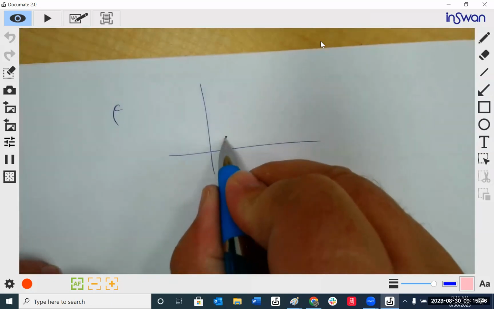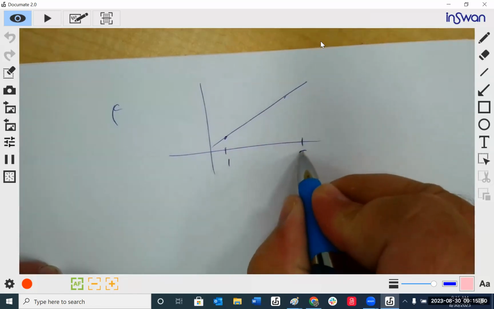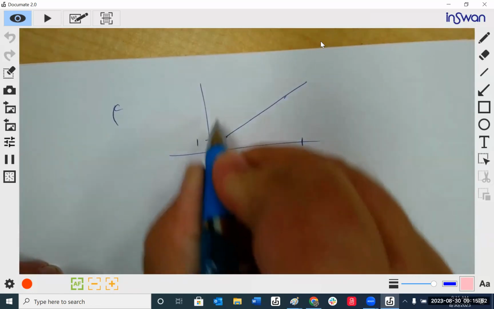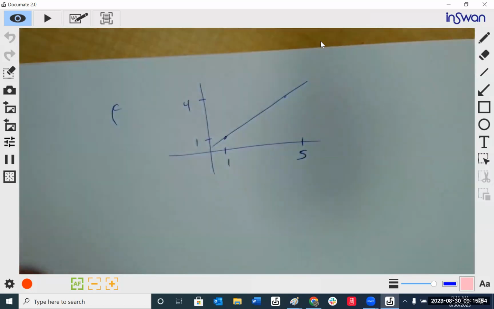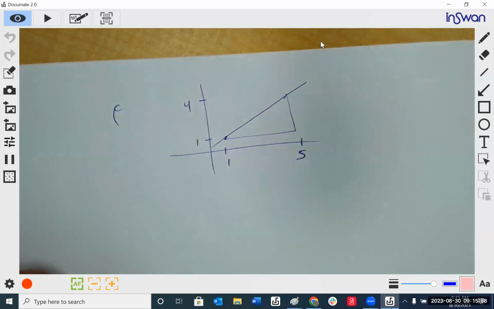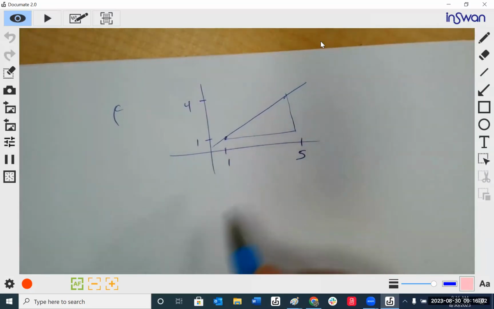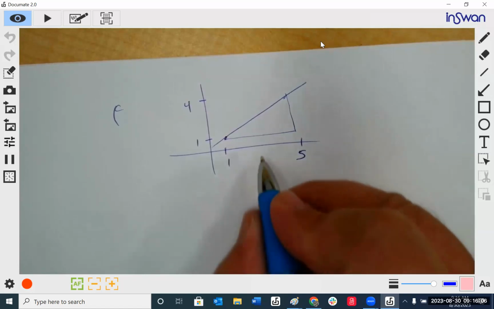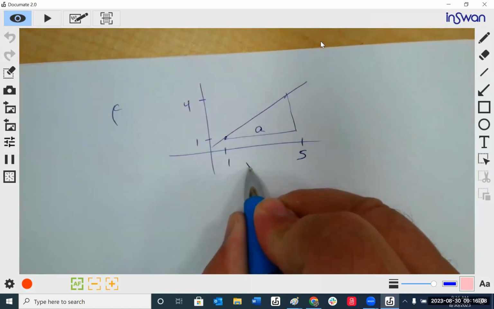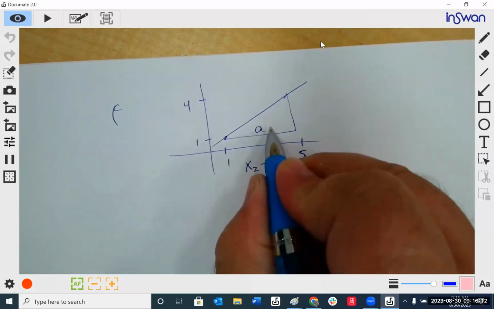So remember our equation again. From 1 to 5, 1 to 4. How do we find the distance between these two? Horizontally? This is A. What we did here, this was x2 minus x1. 5 minus 1 equals 4.